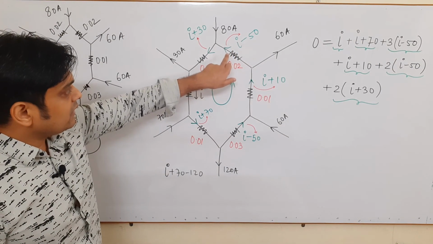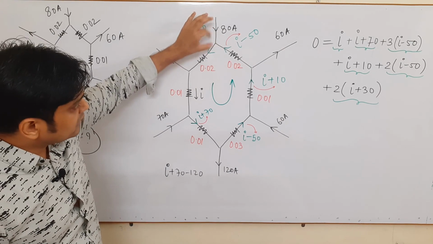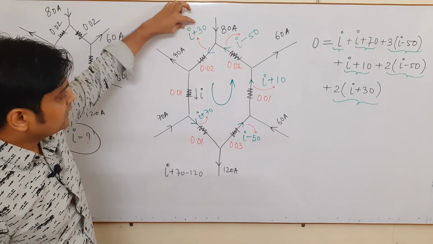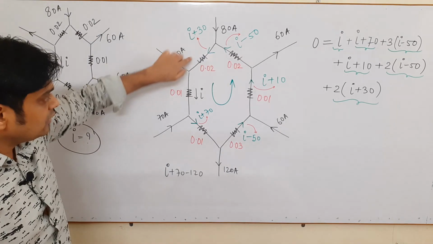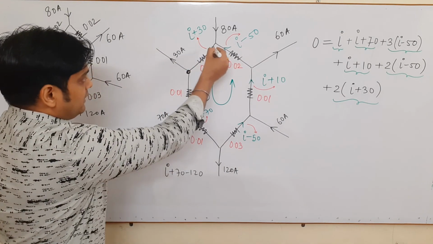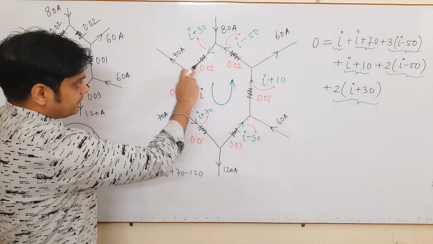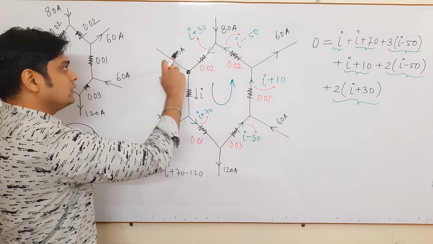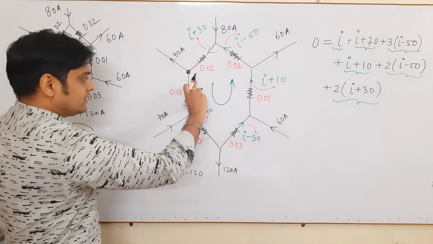And now again you see, when I minus 50 is coming here and 80 ampere is coming here, both the currents are added, I minus 50 plus 80, so that comes to be I plus 30 ampere, the current which is flowing in this branch. Now the very important thing here is, when I plus 30 ampere current comes to this node, this 30 ampere current goes out from this node. So if you subtract this 30 from I plus 30, what is the current here?